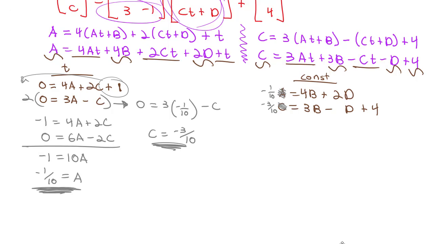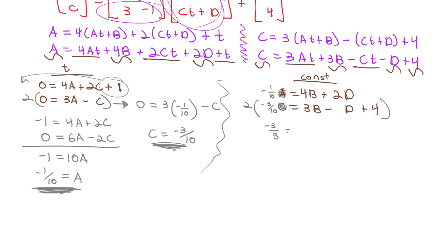I'm going to multiply the second equation by 2 because that's going to clear everything out. So when I do that, I get negative 6/10. Do I want tenths? Actually, let's reduce that. Let's call it negative 3/5.